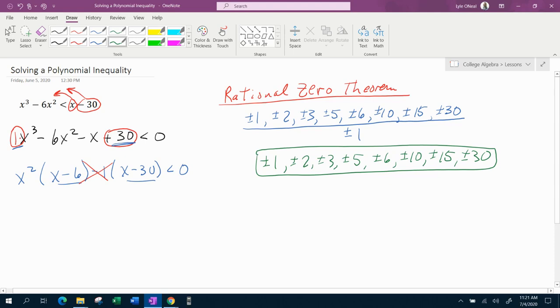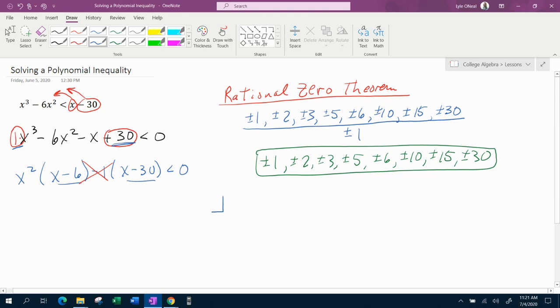That means these are all of the possible rational solutions of this cubic polynomial. Then we're going to use synthetic division to find if any of these actually work, meaning if any of these are actually solutions to this polynomial. To do our synthetic division, we start with the little box. You can go in order if you want, or you can pick randomly.